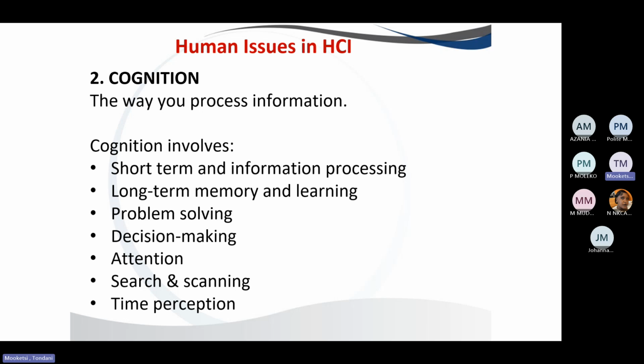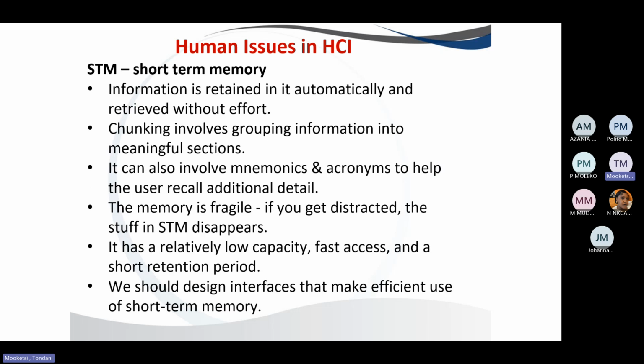Then we also have time perception, which also affects how we process information. So the main topic that you need to know here is memory. We have short-term memory and long-term memory.